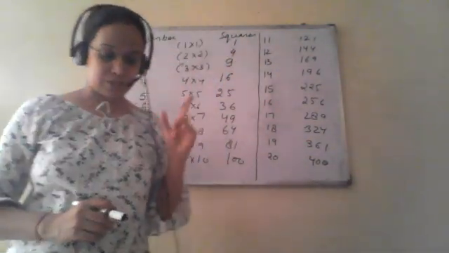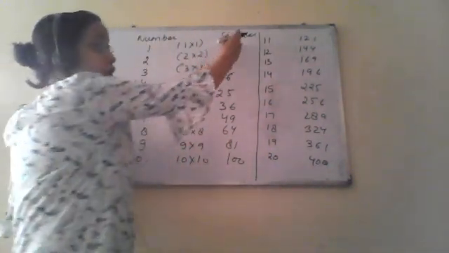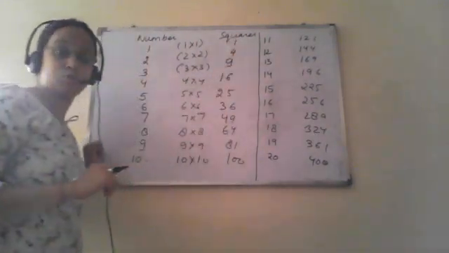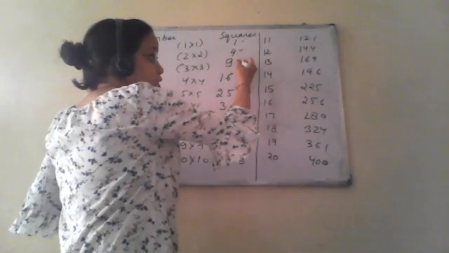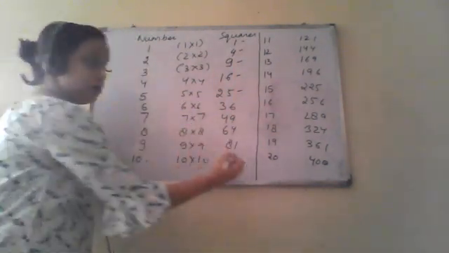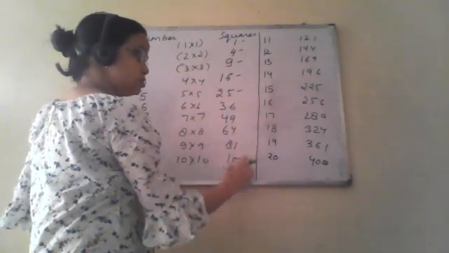First thing we have to think about is the unit digits of these squares or perfect square numbers. It is 1, it is 4, it is 9, it is 6, it is 5, and one has 0. It is again 6, 9, 4, 1, 0.